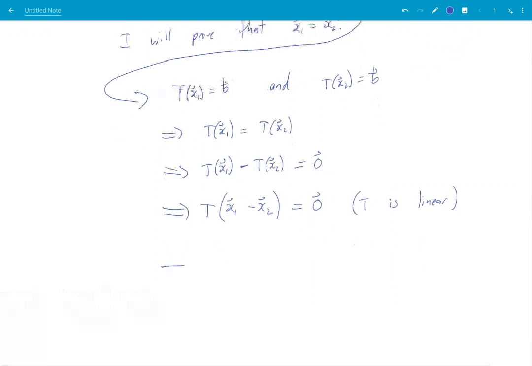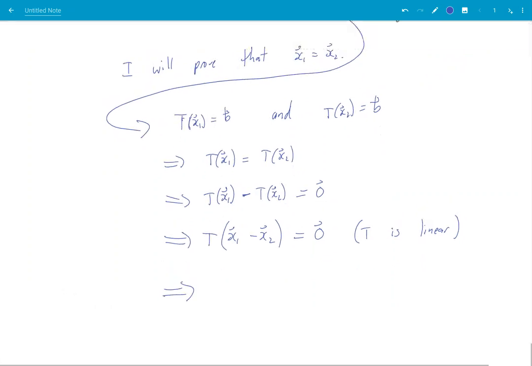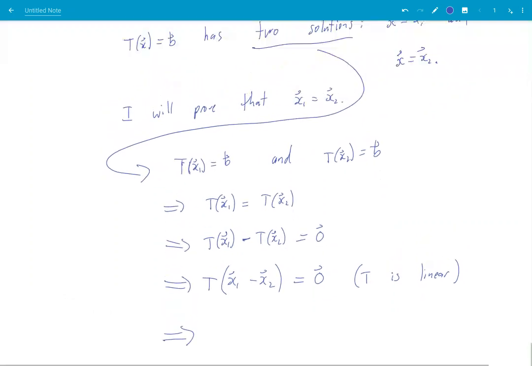And then I use my assumption, which, let me just pause here, let you write that down. And use my assumption that T applied to x equals 0 has only the trivial solution.